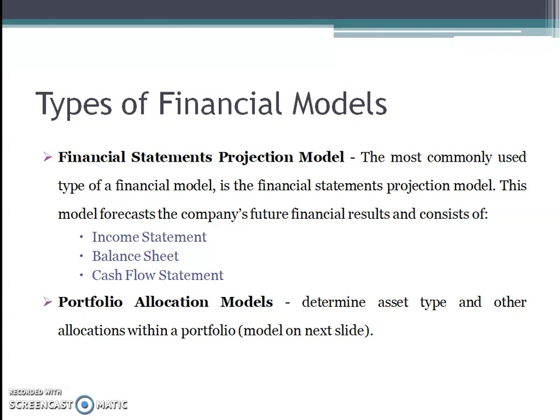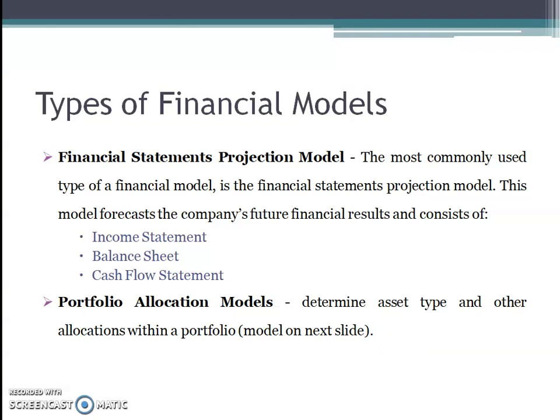This model focuses on the company's future financial results and consists of three things: the income statement, balance sheet, and cash flow statement. These are the three important statements that we are going to use to build this model, and it is built to predict for the future.